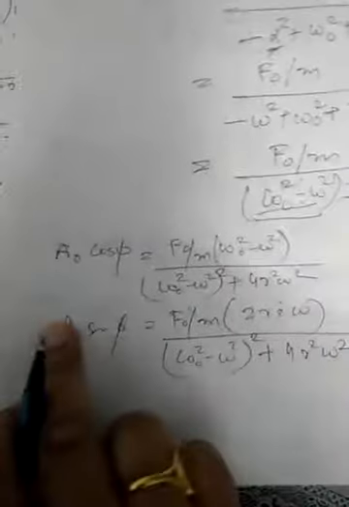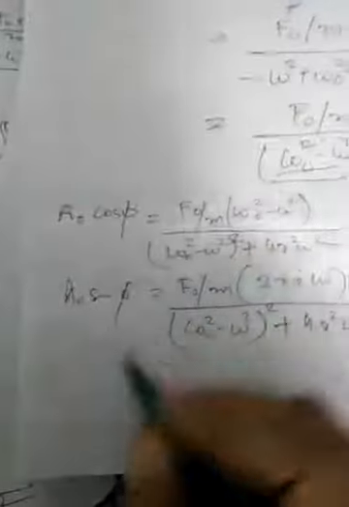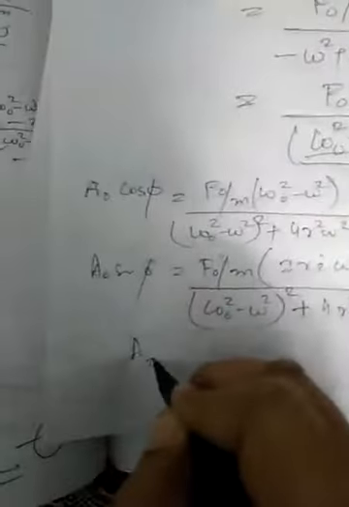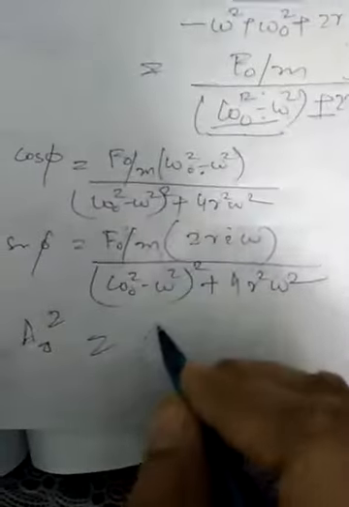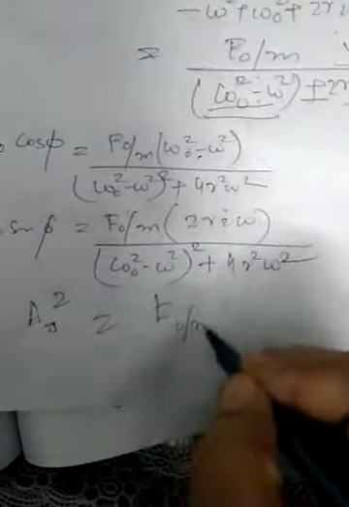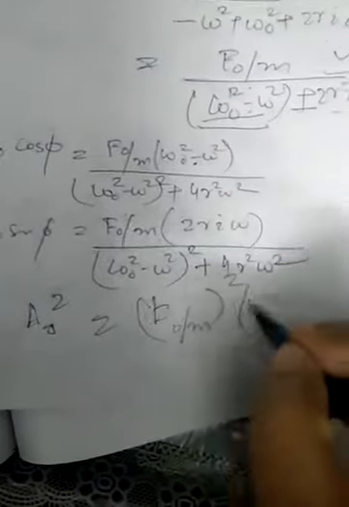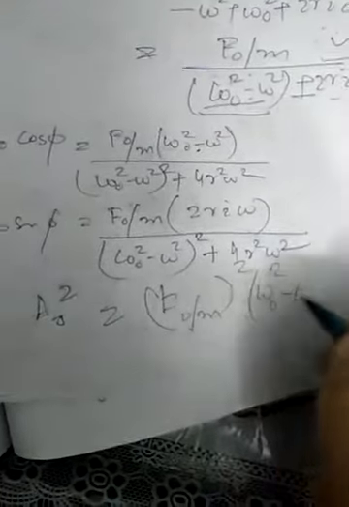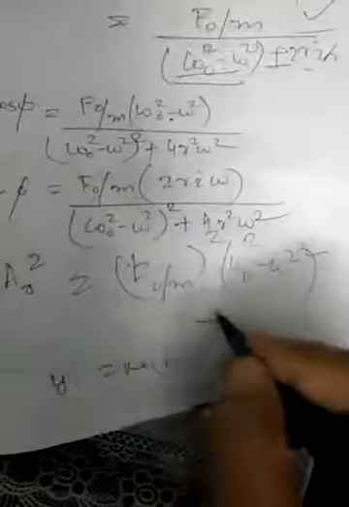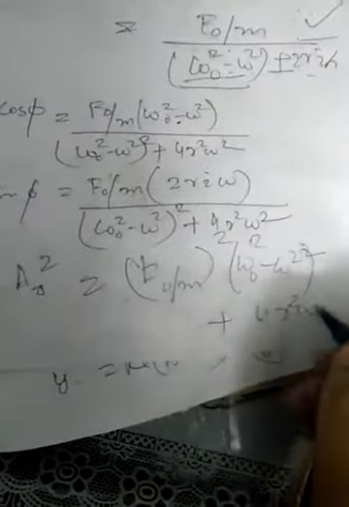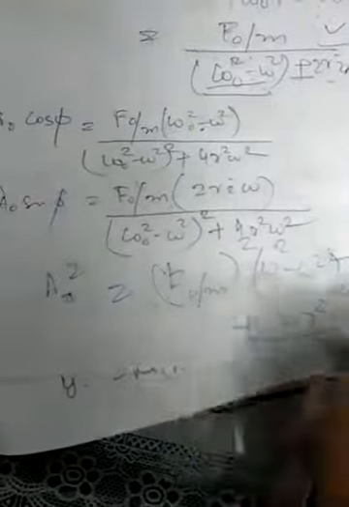Now to get the value of a and phi, to get the value of a, we square and add both sides. So the left side will be equal to a naught square, and when you add the squares, it will be equal to f naught by m whole square into omega naught square minus omega square whole square plus 4 gamma square omega square eta square, that is equal to minus, but the rest of the factor is the same.